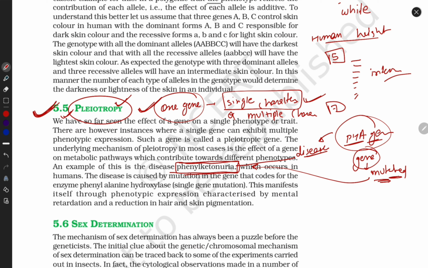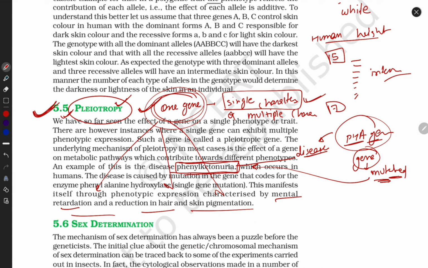The enzyme will be defective, the genetic material gets defective. So the person suffers from many characters, guys. It may be reduction of hair, it may be mental retardation.